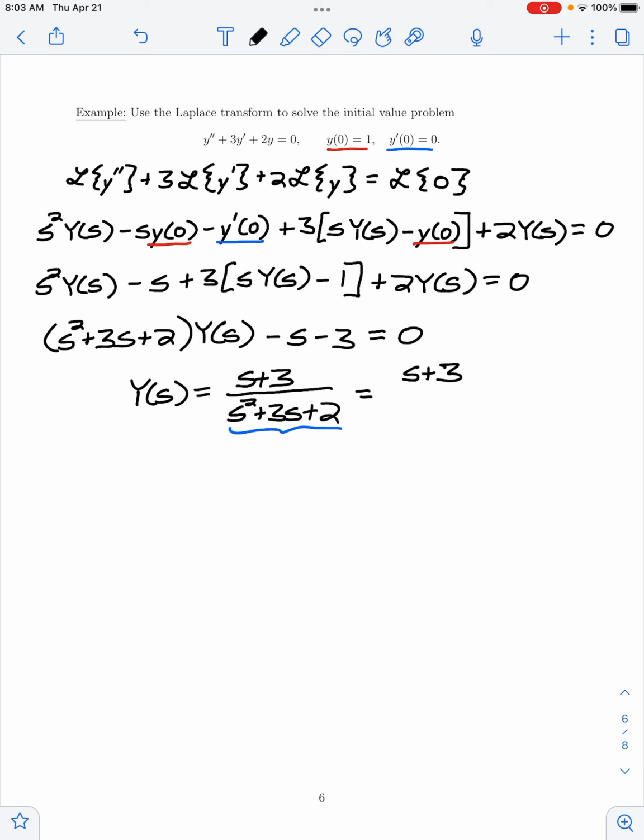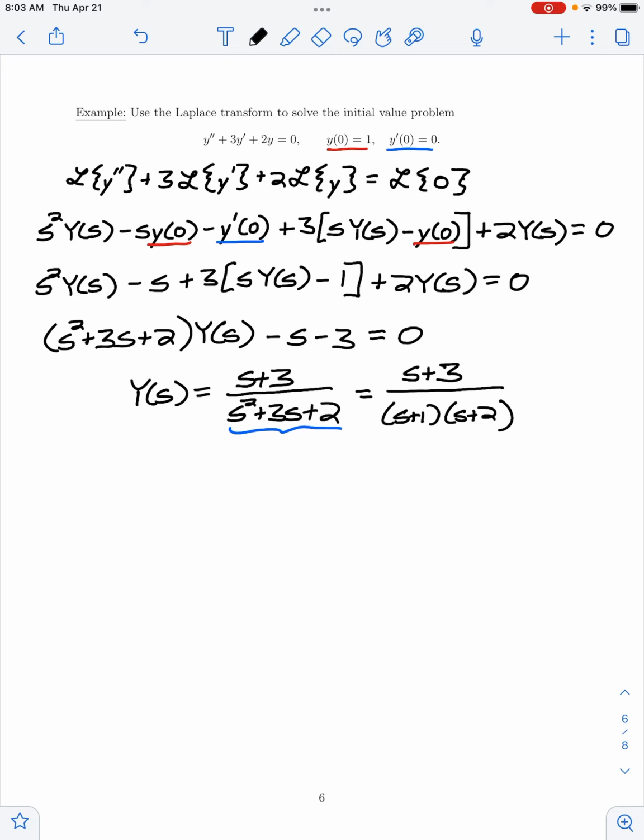So I have s plus 3 over s plus 1 times s plus 2. And since my denominator is a product of terms, I need to make use of partial fractions to rewrite this product in terms of a linear combination of smaller terms.